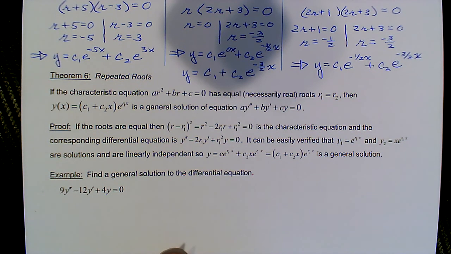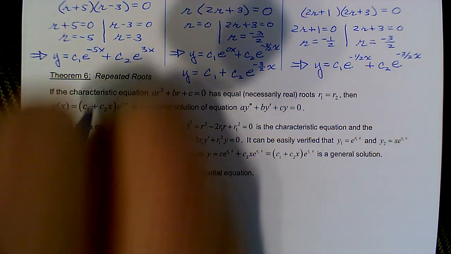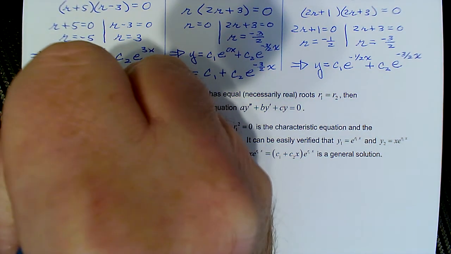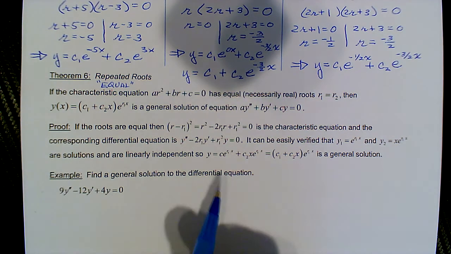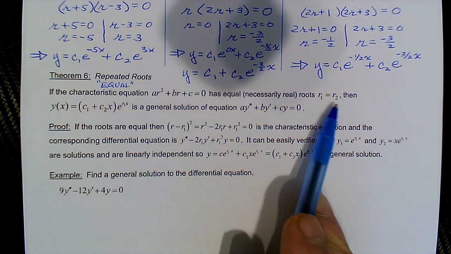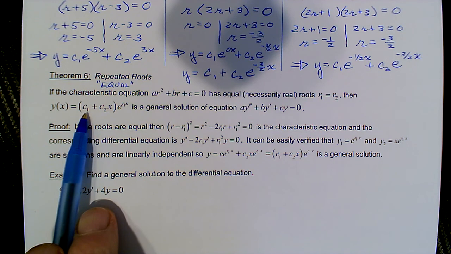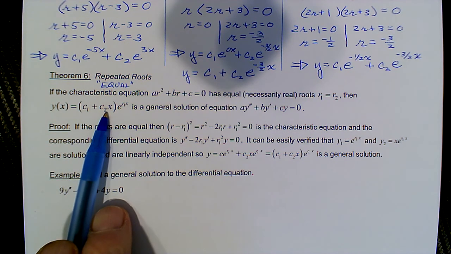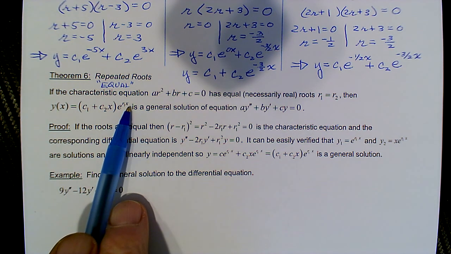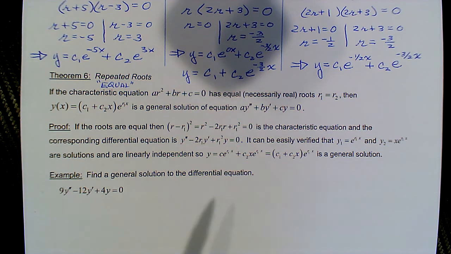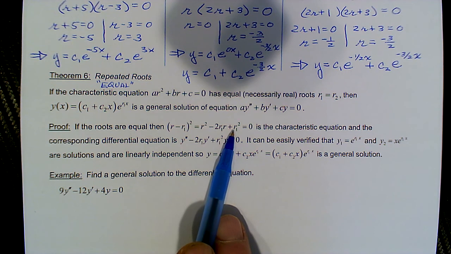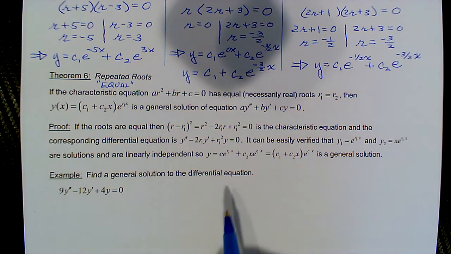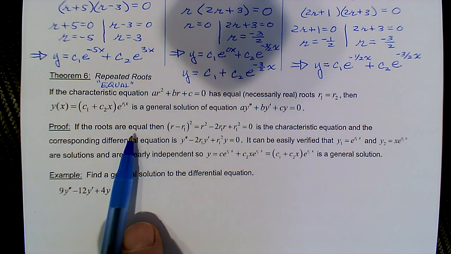If the roots are equal, and that's the case, then here's our general solution: C1 plus C2x, a quantity, times e to the r1x, where r1 is that common root. And here's an outline of the proof. I didn't have enough room, and I didn't want to take up a new sheet of paper, so I just outlined the proof here.